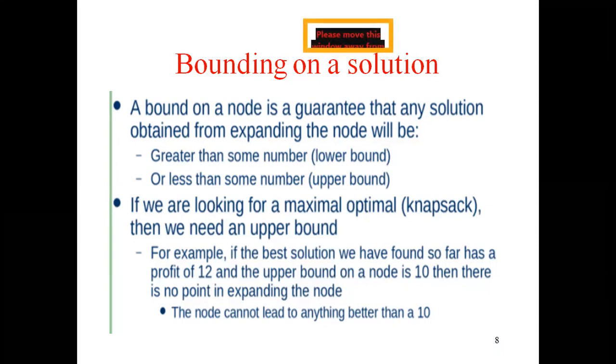So we have two bounds for each node solution: one is the lower bound, the other is the upper bound. Our solution should be in between the lower bound and the upper bound.